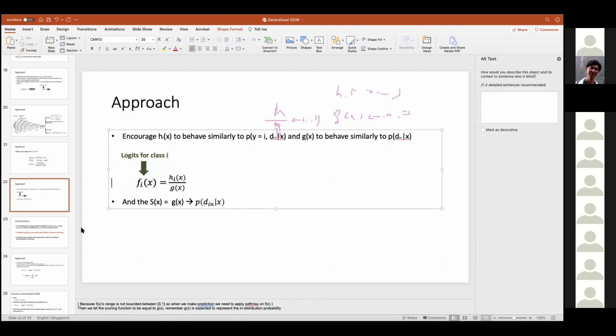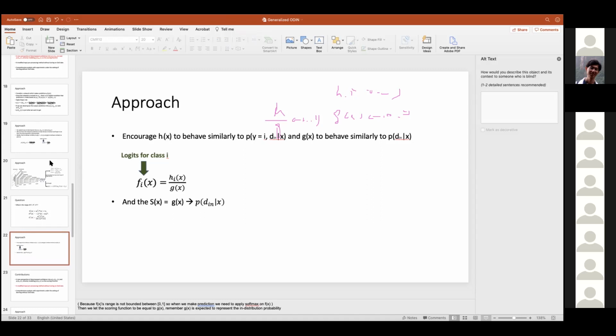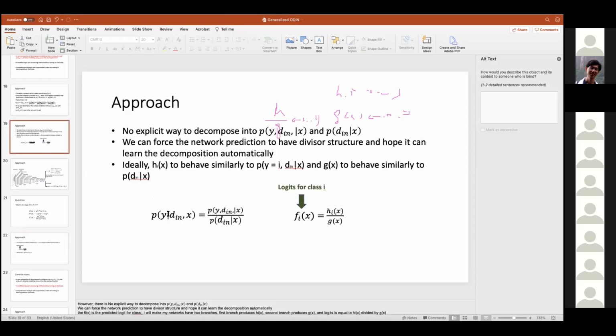I understand there is another one, but if we added a softmax, let me think about it. Why don't they apply the softmax after h(i) and then divide it by g(x)? I think it's because they want to apply softmax for this whole divisor, not for the numerator itself.